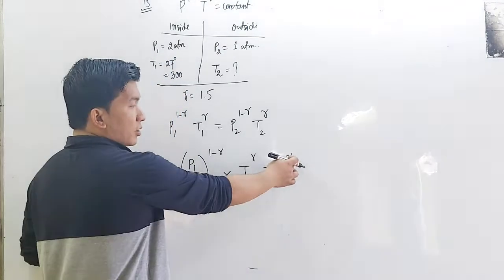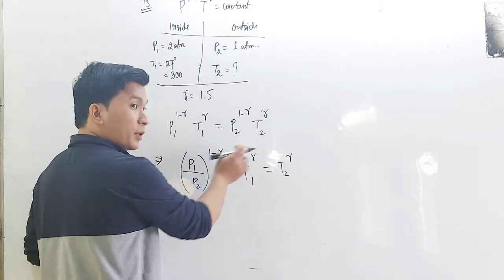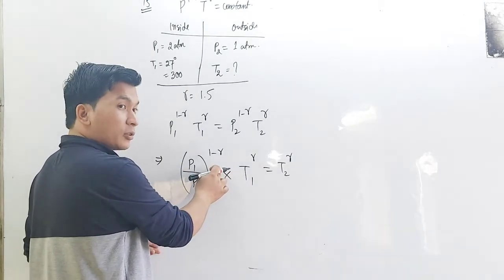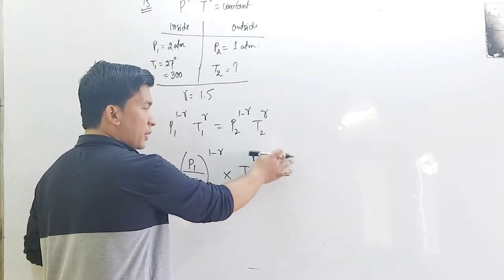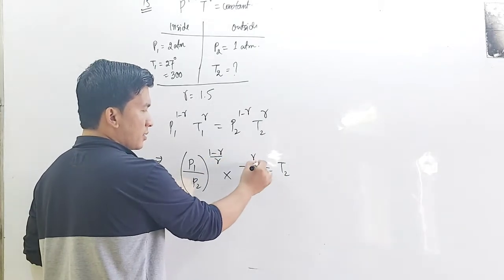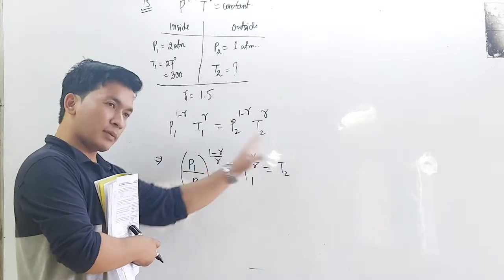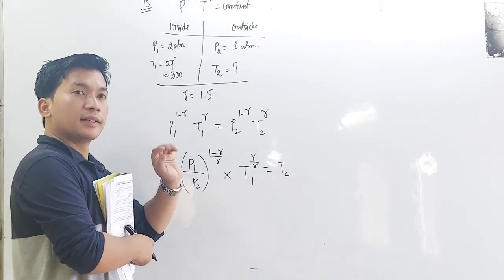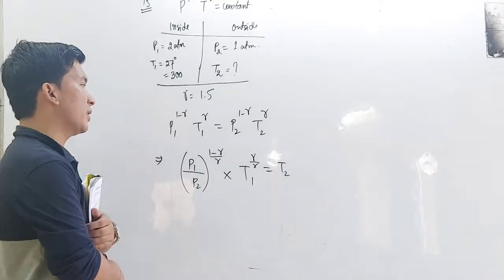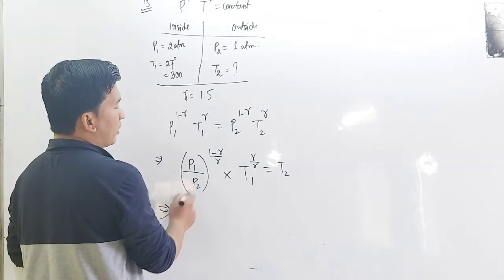And gamma is also square, then we have to take the 1 by 2. Now can we put like this? This is gamma, this is gamma. Do you understand this step? The square and 1 by 2, 1 by 2, this gets cancelled out.